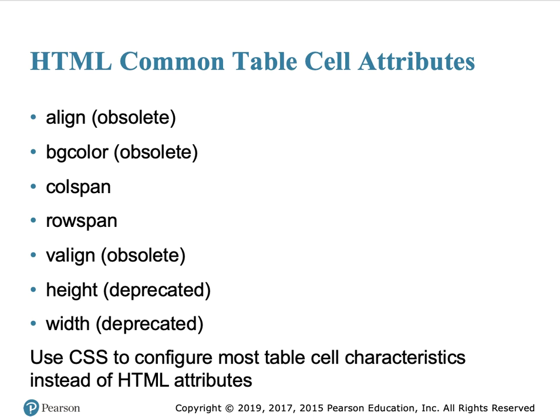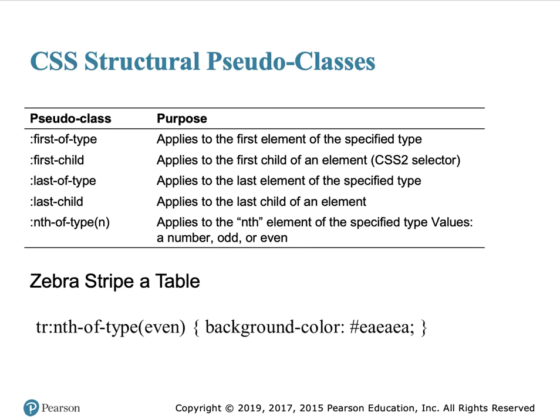Here are some additional attributes that have become obsolete. The only attributes in this list that can be used are the colspan and rowspan attributes. These are used to combine cells similar to merging cells in Excel. The height and width attributes are deprecated, meaning it is tolerated but not recommended, and may someday become obsolete. It is best to keep all styles in the CSS.